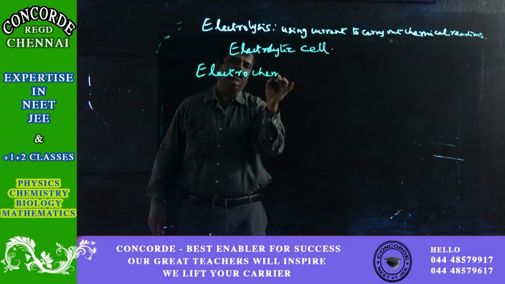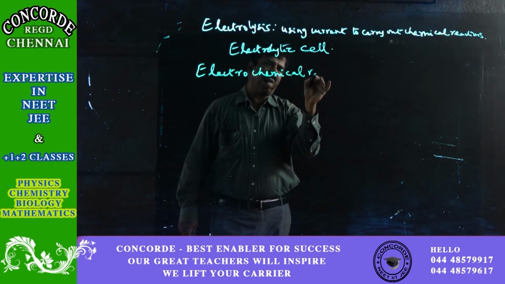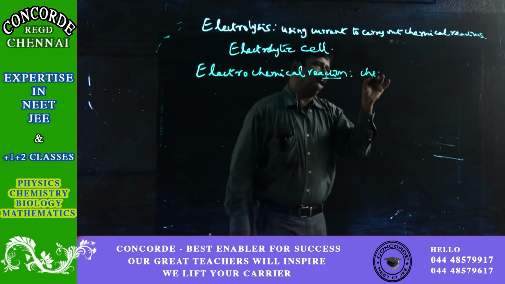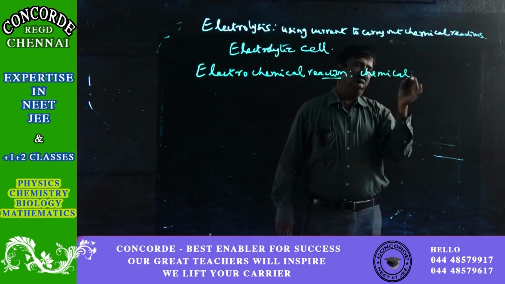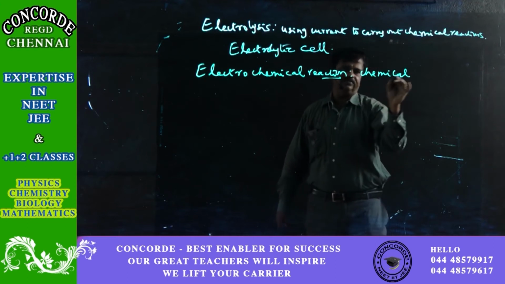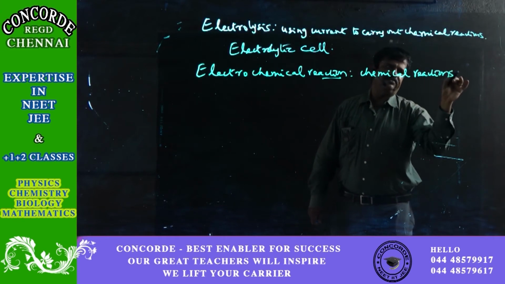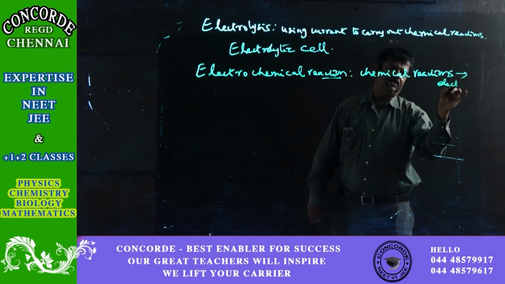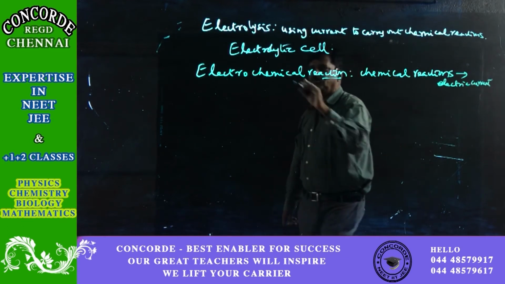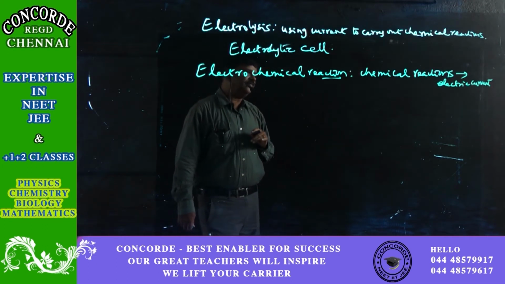Now we have to see electrochemical reactions. Electrochemical reactions are chemical reactions used for generation of electricity. Using chemical reactions we produce electricity, converting chemical reactions to electric current. How are the electrochemical reactions going to generate current?